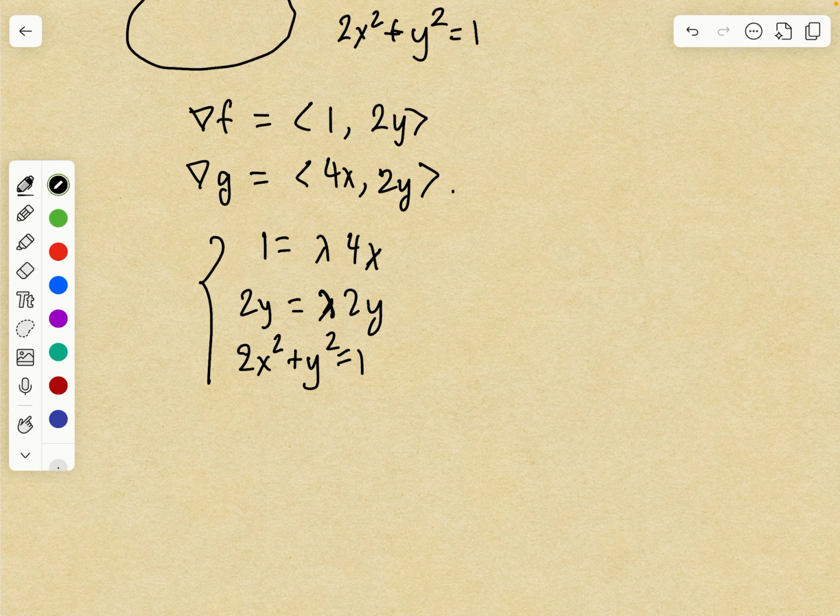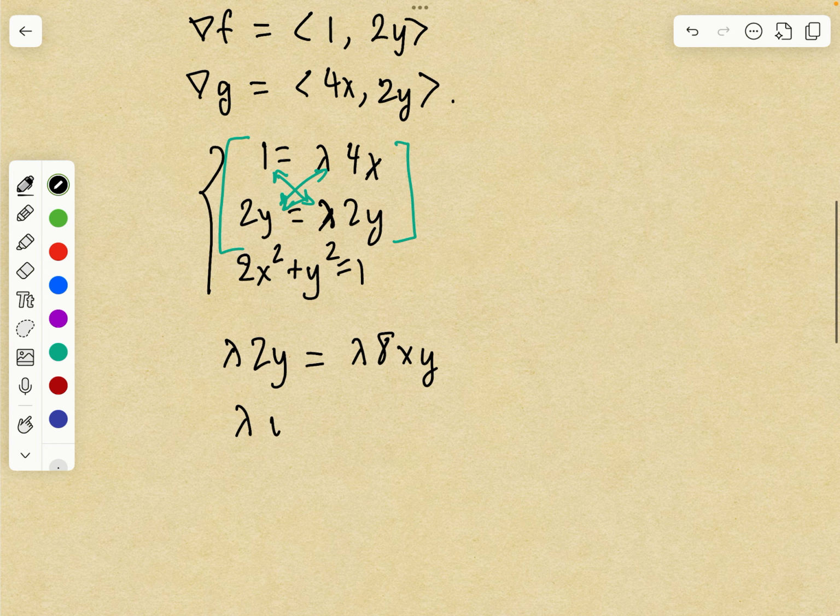There are lots of different ways to do the algebra, but the way I like to do it is to take the equations you get from setting the gradient of f equal to lambda times the gradient of g, and then cross multiply like this. So when you cross multiply, you get that lambda times 2y is equal to lambda times 8xy. In other words, lambda times y equals 4 lambda times xy.